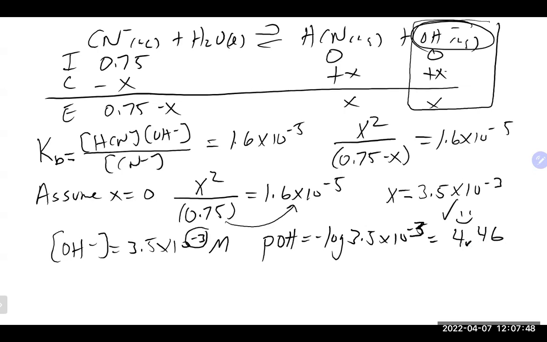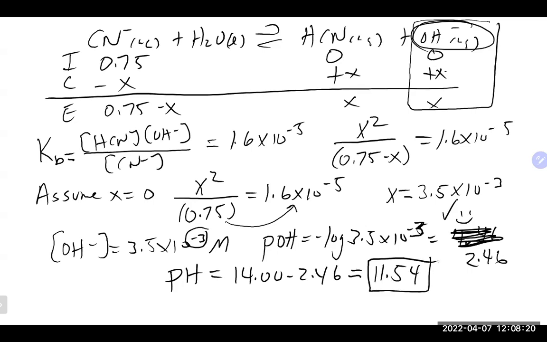Let's try that again. Copy it over right, apparently, as well. That's probably helpful. At least I knew it didn't look right to me. All right, so 2.46 seems a little bit better. 3.5, you know, it's kind of close. So now our pH will be 14 minus 2.46 gets us 11.54. That sounds a little bit better, I think. That's good. I'm not sure how it became 5 as it went that way, but you know, it happens.